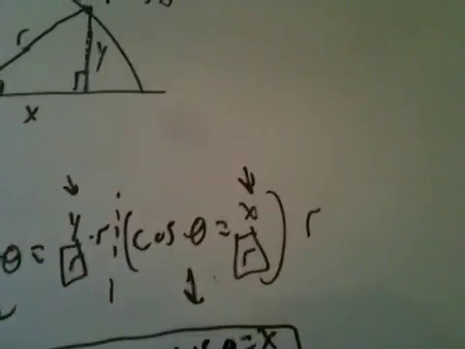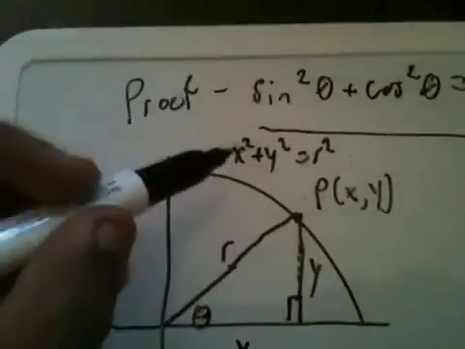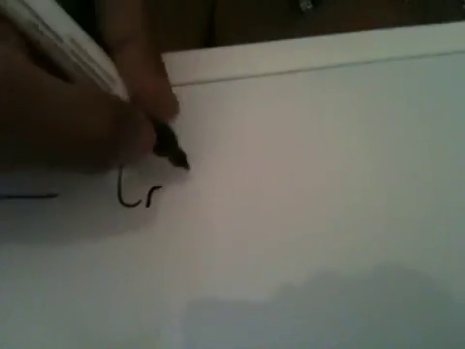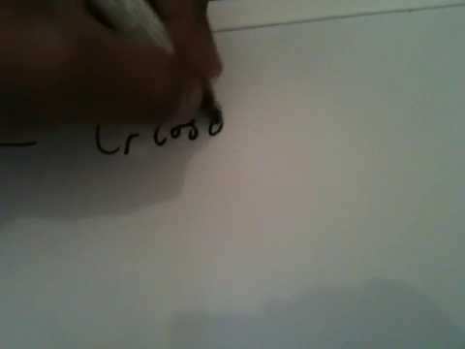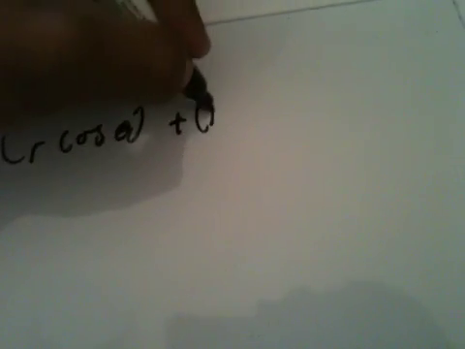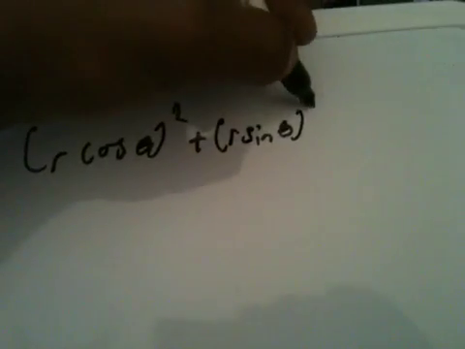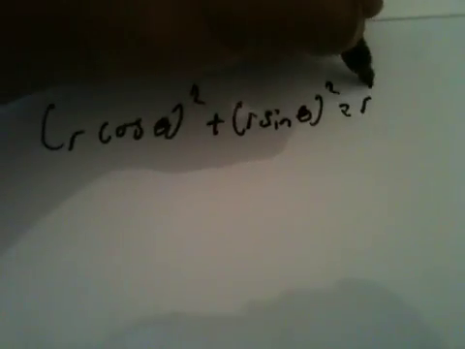Well, we solve for x and y, and we can now just put that into our circle equation. So we'll have the quantity r times the cosine of theta, squared, plus the quantity r times sine of theta, squared, and that's going to be equal to r squared.